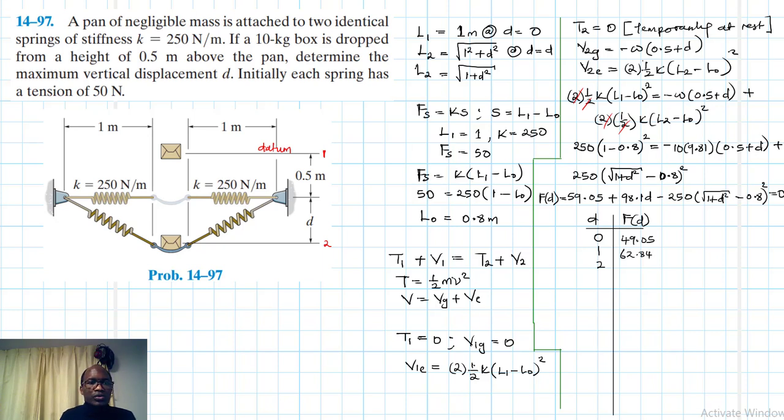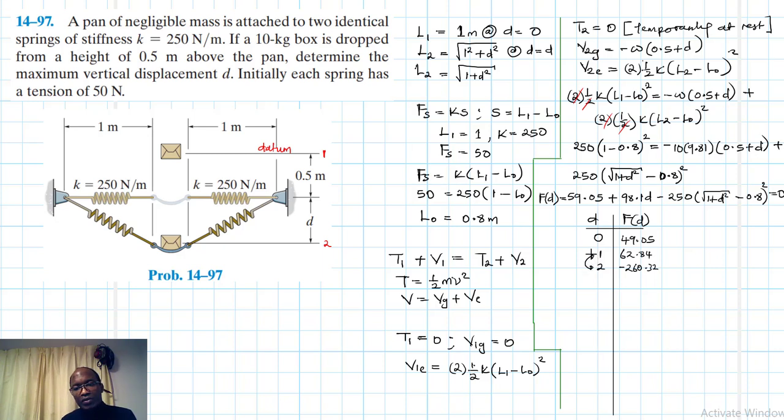I have a 2 there. Then I find that I have a negative 260.32. So I have a negative, so it means between 1 and 2, that's where the solution lies.